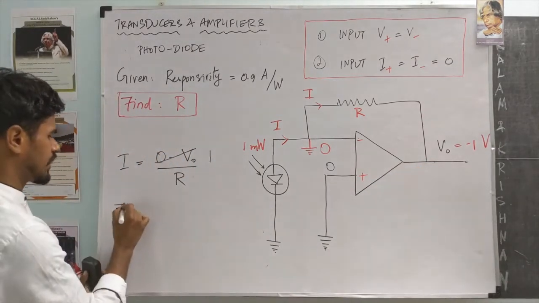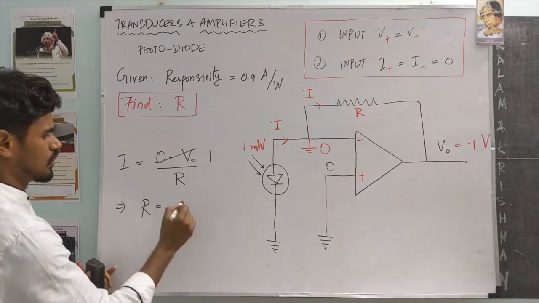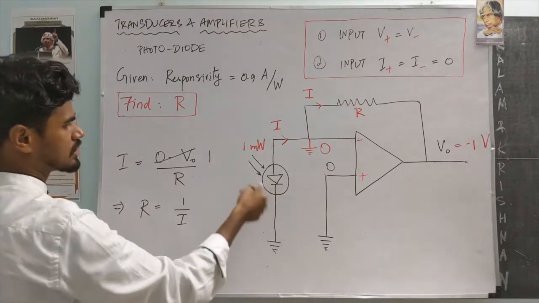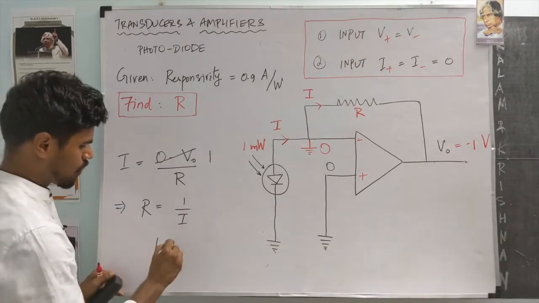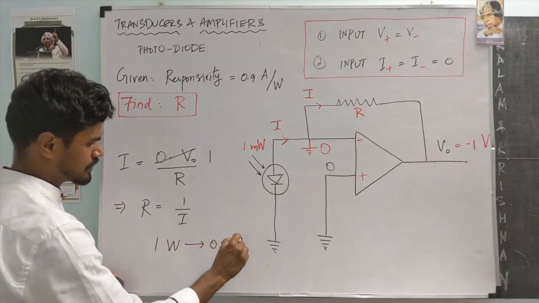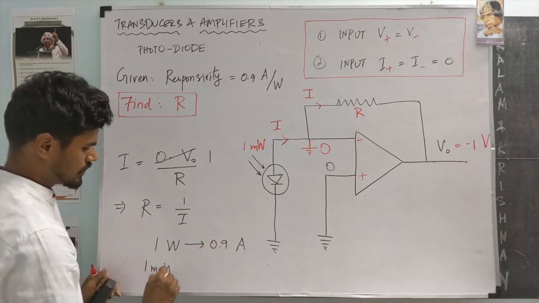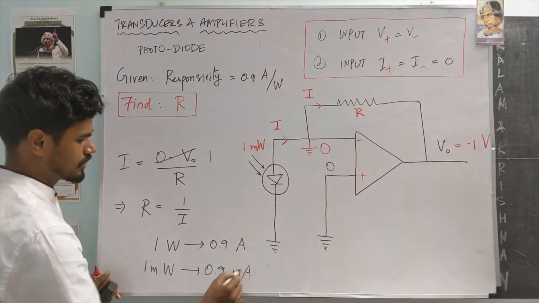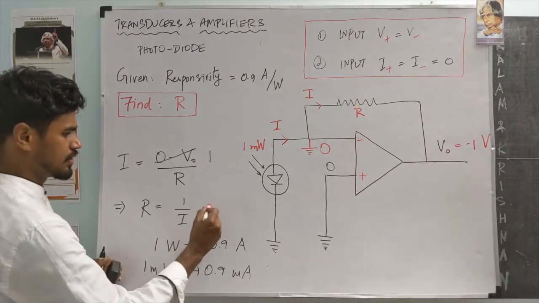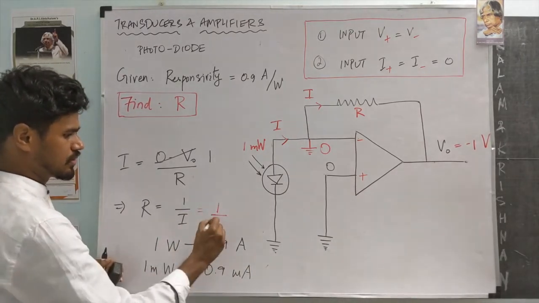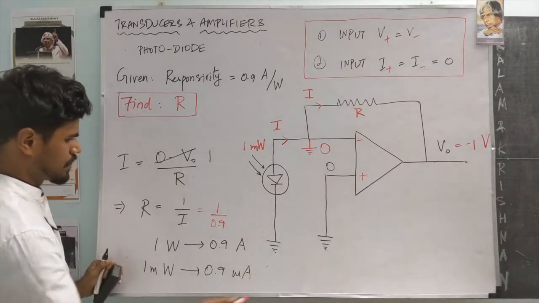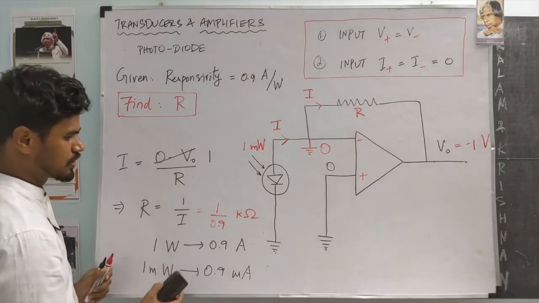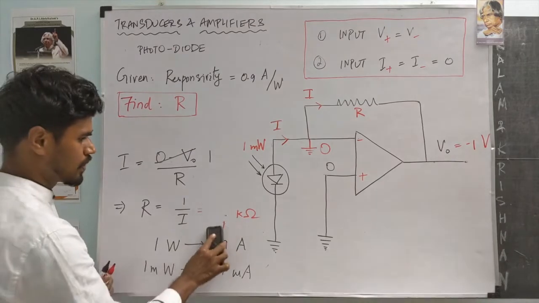So from here we get R is 1 over I. How do you find I? That is straightforward. What this diode does is already given. 1 watt would result in 0.9 amps, right? So what would 1 milliwatt result in? It results in 0.9 milliamps. So you plug that in here for the value of current. This should be 0.9 milliamps, so this becomes kilo-ohms. And if you calculate 1 over 0.9, I think it is 1.1.